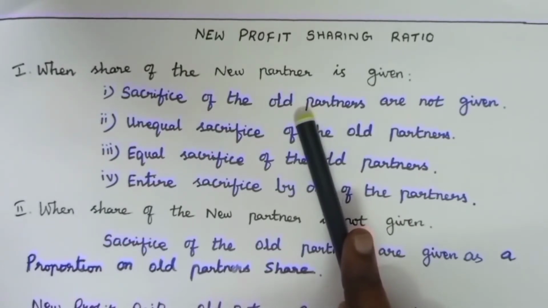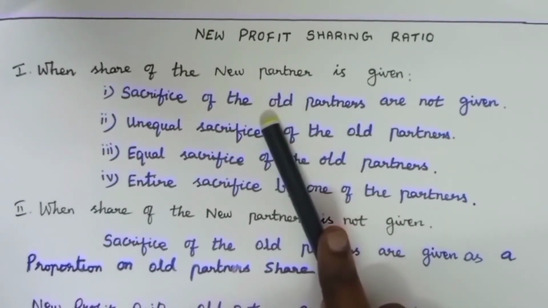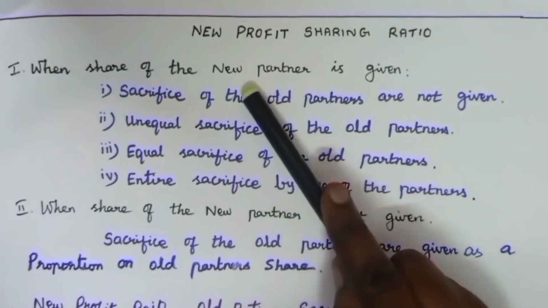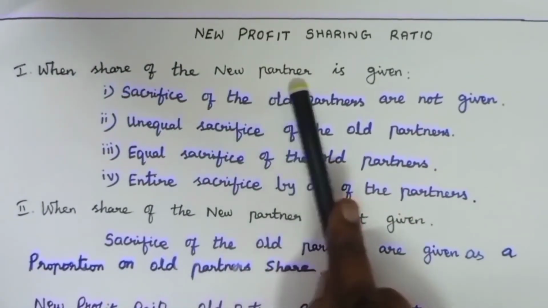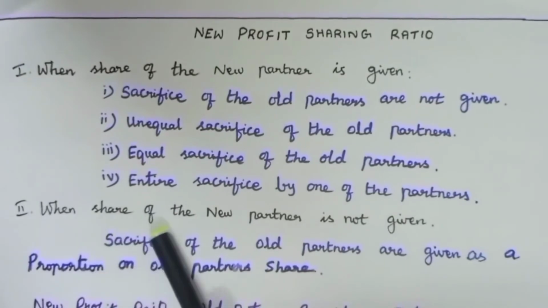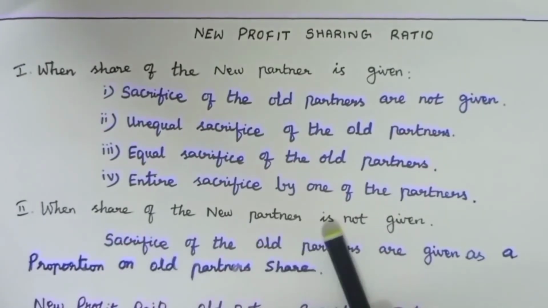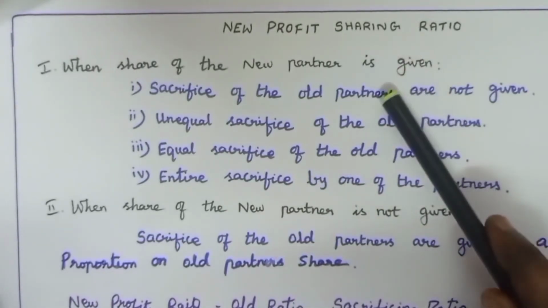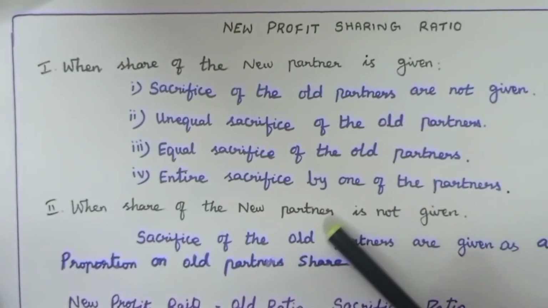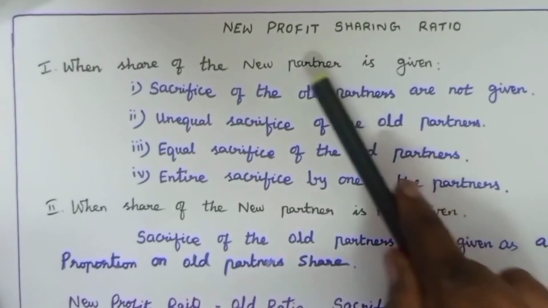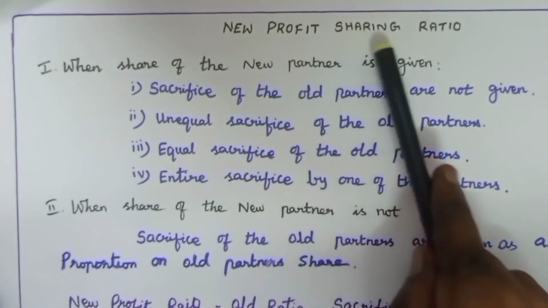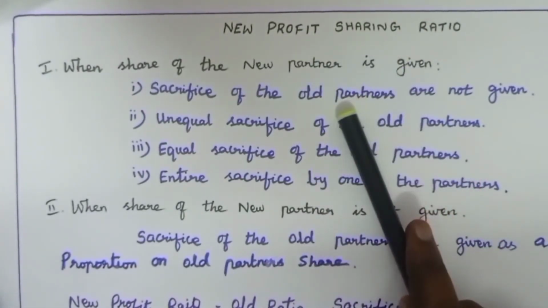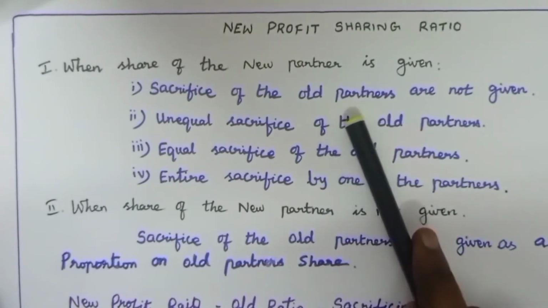Here we have two situations: when the share of the new partner is given and when the share of the new partner is not given. First, you have to identify the situation. Then only it will be easy for you to calculate new profit sharing ratio. I will explain how to identify the situation.